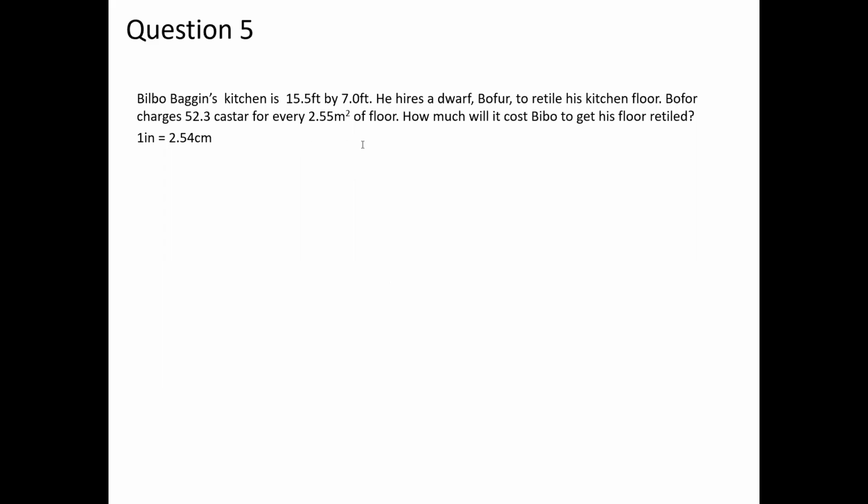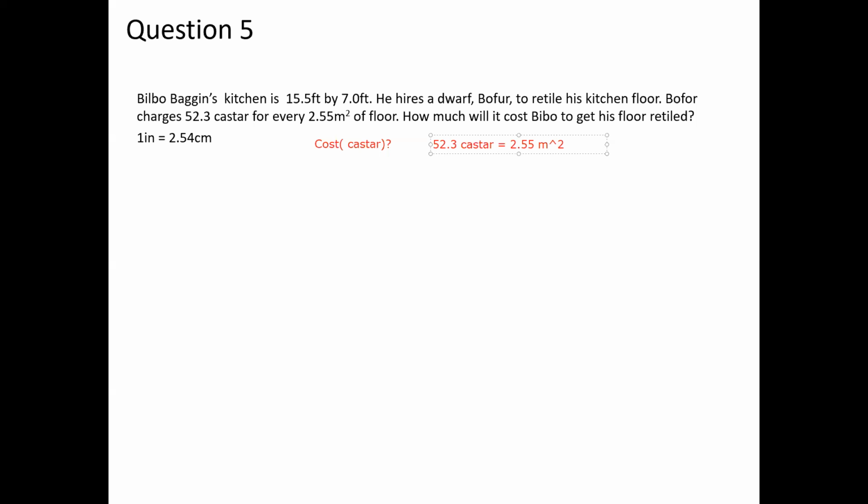So here, what we're looking for again is the cost in castar. That's the overall objective of this problem: how much will it cost in castar for Bilbo to retile his floor. The link or the conversion we have with castar is that we know 52.3 castar is the cost for every 2.55 meters squared.